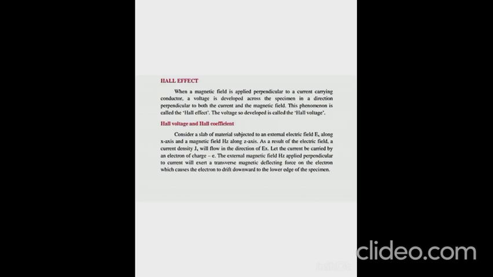The external magnetic field Hz applied perpendicular to the current will exert a transverse magnetic deflecting force on an electron, which causes the electron to drift downward to the lower edge of the specimen. So there are three variables used here: electric field Ex along the x-axis, magnetic field Hz along the z-axis, current density Jx flowing in the direction of Ex, and an electron of charge minus e.